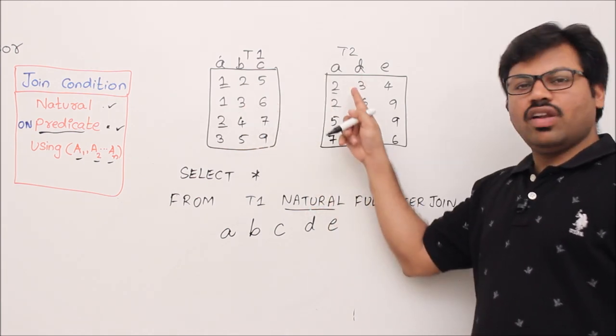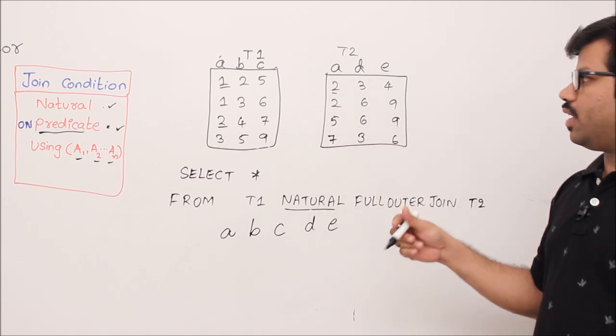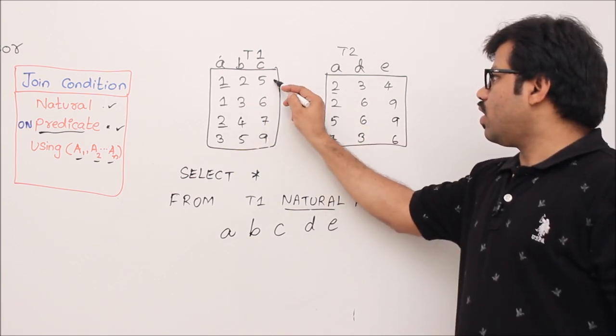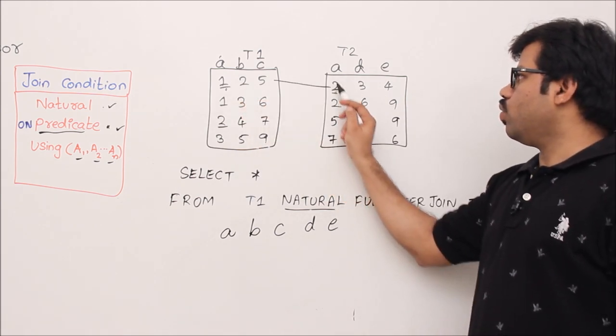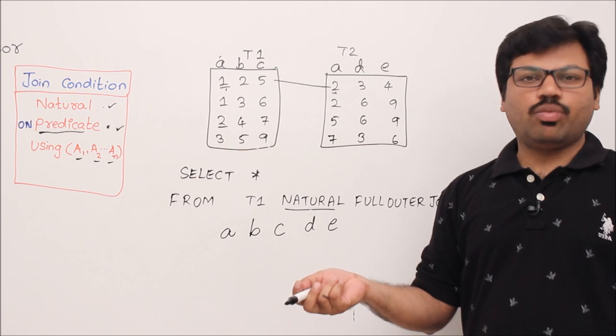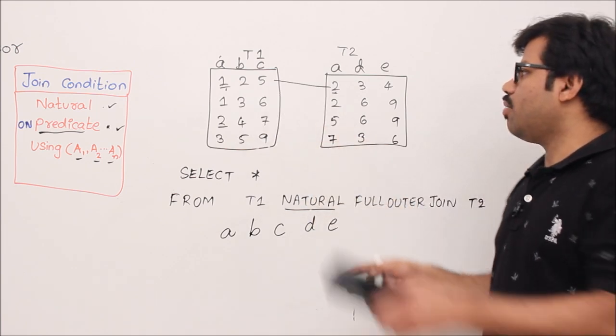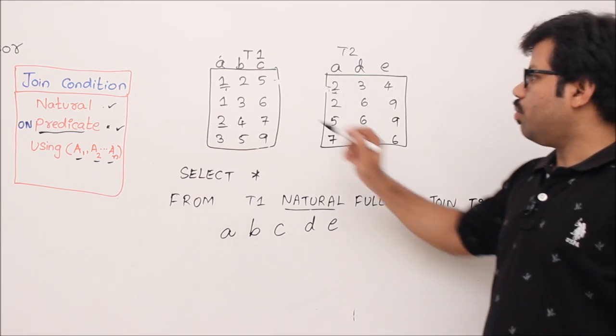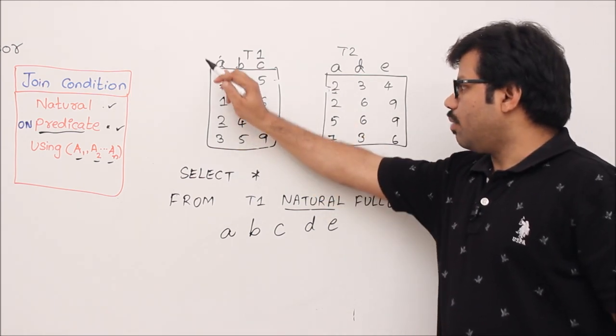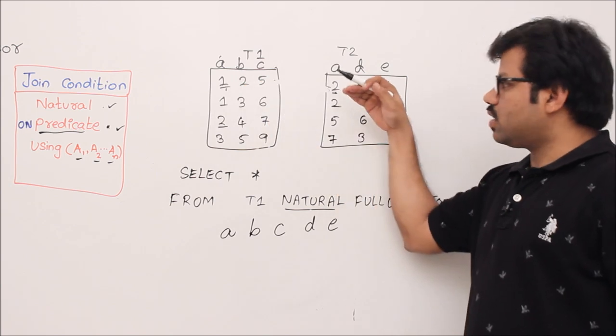Only combinations where the values are equal will be printed. Example, here you have 1, here you have 2 in the common column, they don't match, so this combination will not be printed. Only tuples where the common column values match will be printed.